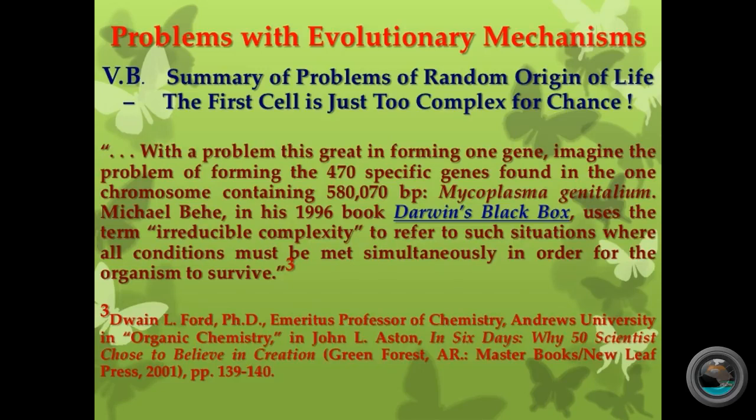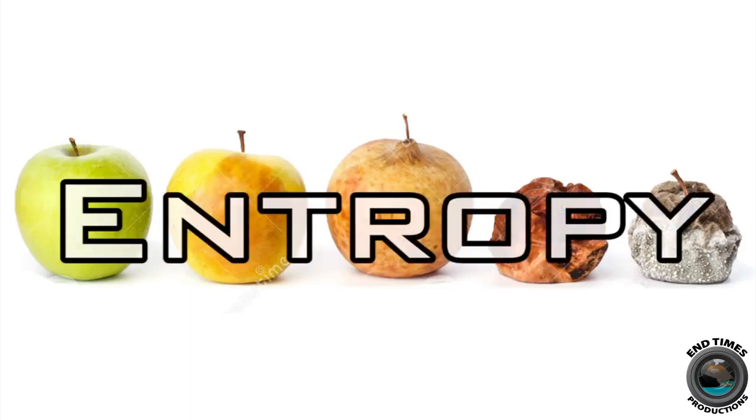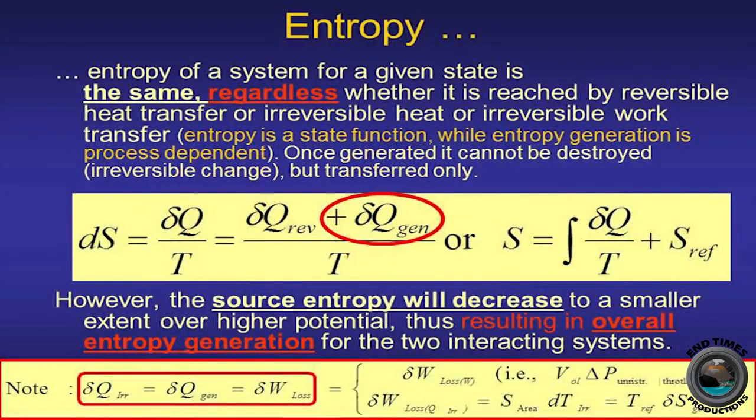Now this brings me to a problem which should be obvious to anyone who supports the theory of evolution and who also considers themselves to be a scientist. And that is that evolution adamantly and vehemently defies entropy, or in other words, the second law of thermodynamics.